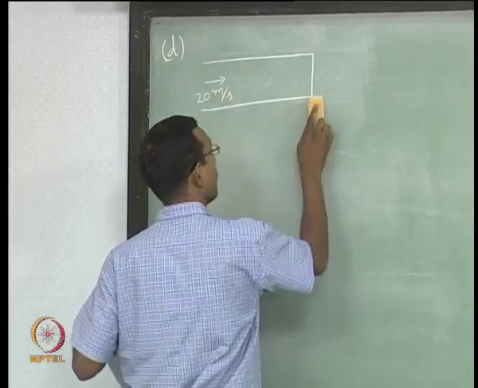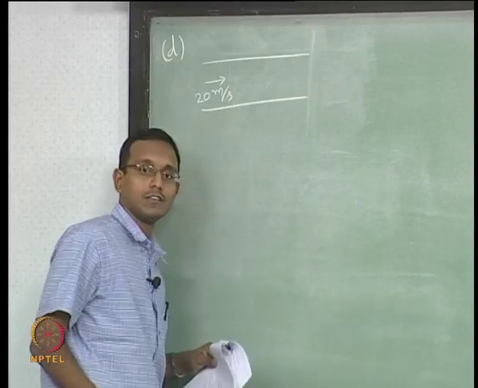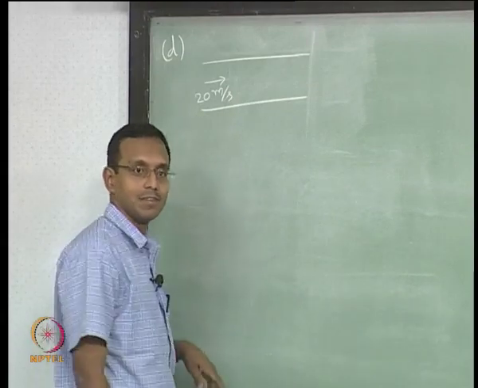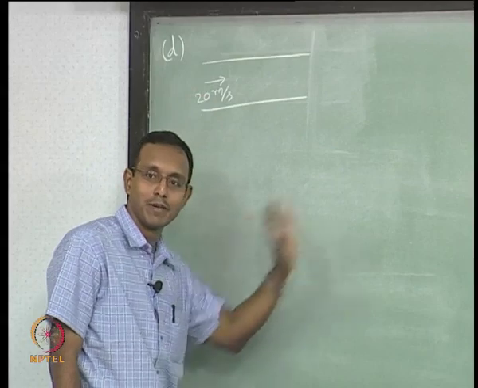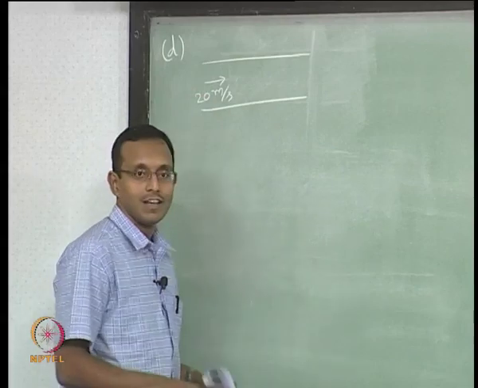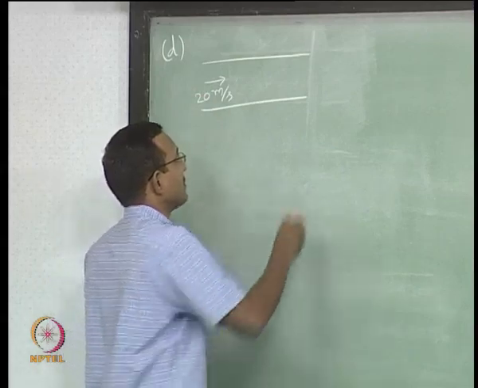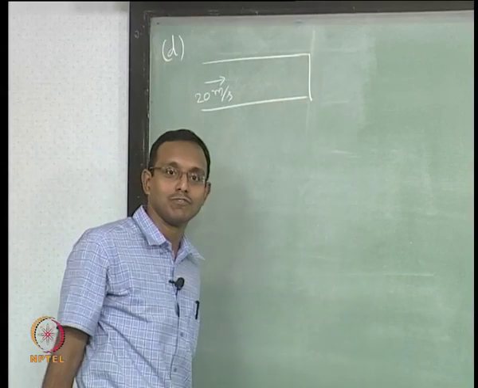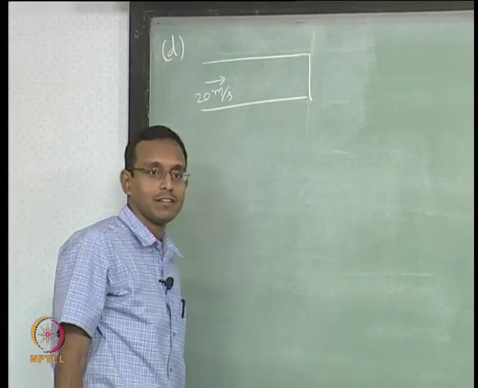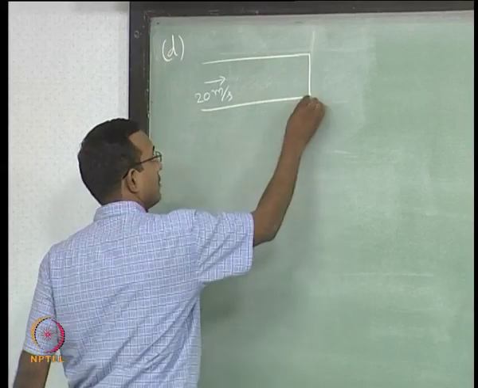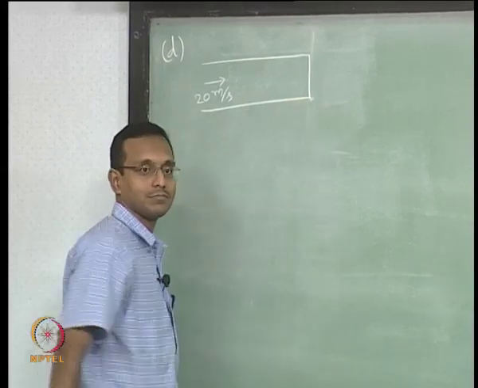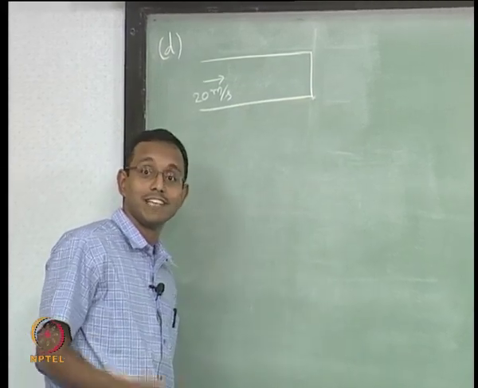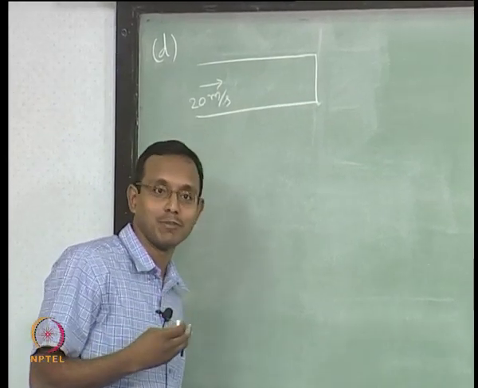This is a case where I am having a flow through a duct, 20 meter per second. I am having a simple flow through a pipe at 20 meter per second, and suddenly somebody puts a lid on it, they close the flow. I want to find what happens inside the duct now. This is the unsteady problem, we are trying to solve an unsteady problem already.